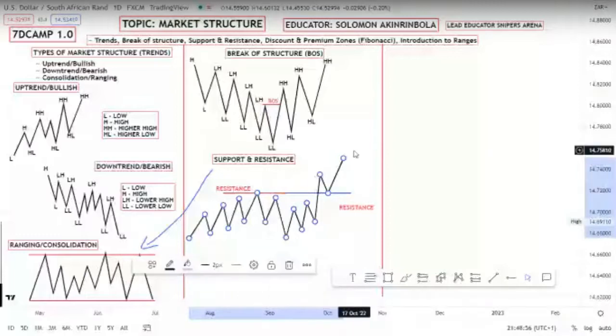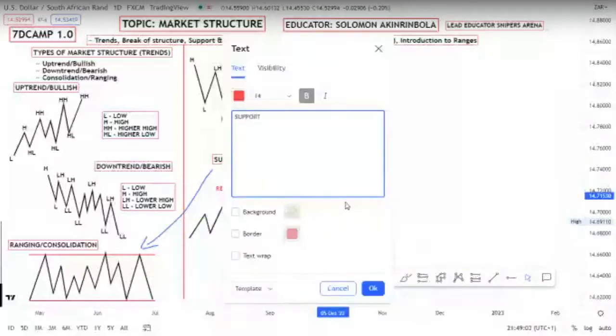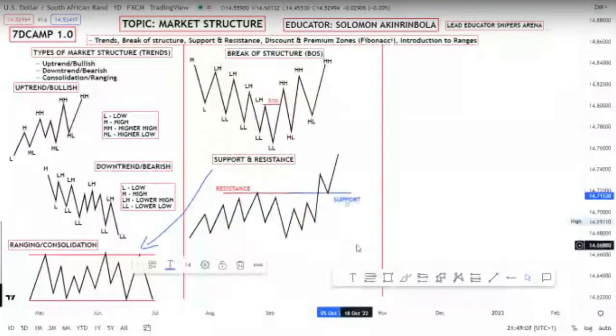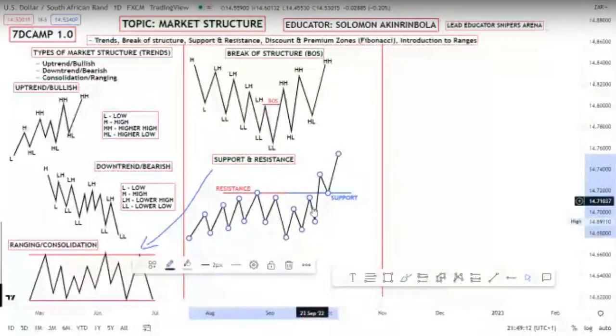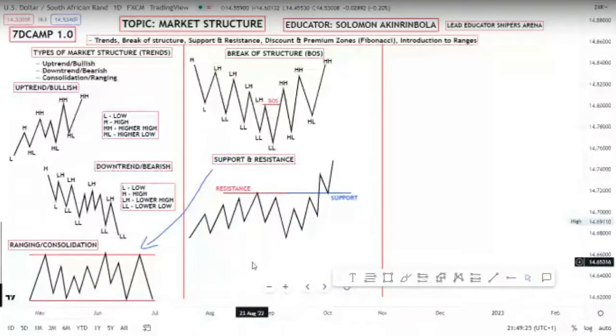Let's just get deeper. All right, so this is support. All right, good. So this resistance is support. Now, what do I mean? Resistance is a gang of bad guys. You're buying, and you get to those guys, they send you back.